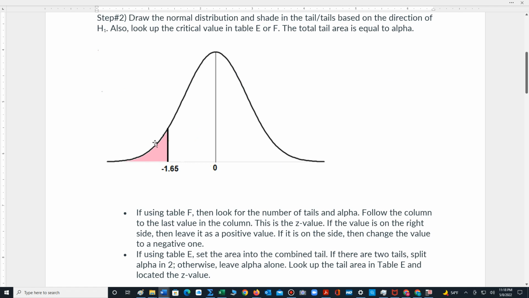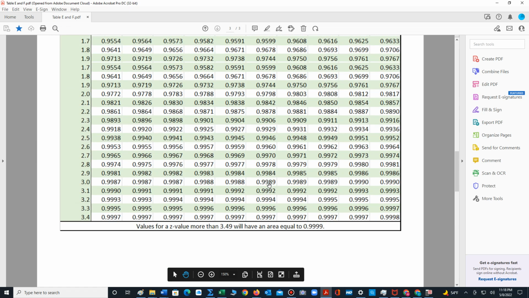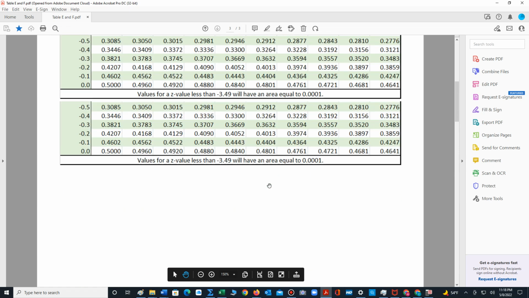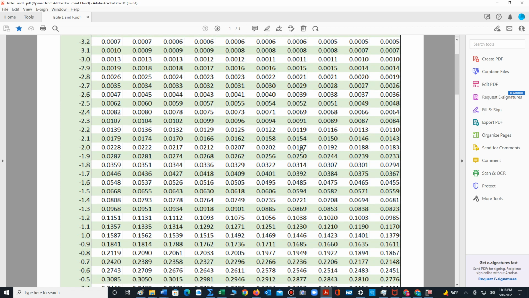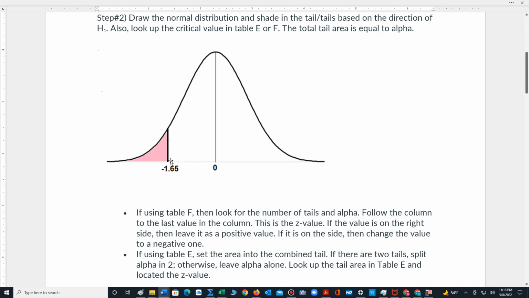We look up the area of 0.05 in table E. And remember, we have to look inside of the area section, and it so happens that 0.0495 is as close as we will get to 0.05, and we look to the left, negative 1.6. We look up 0.05, thus we have the critical value.